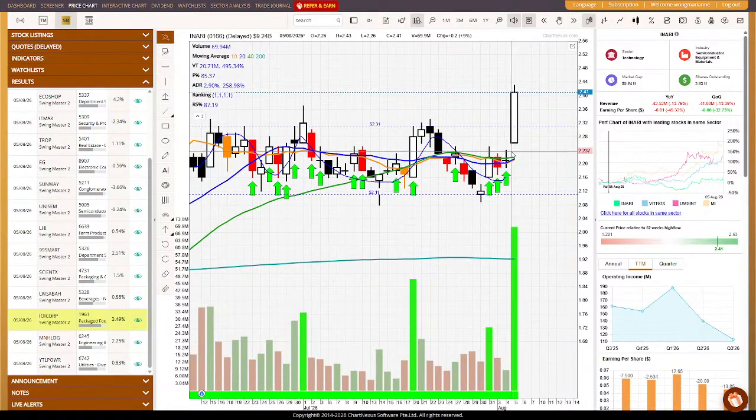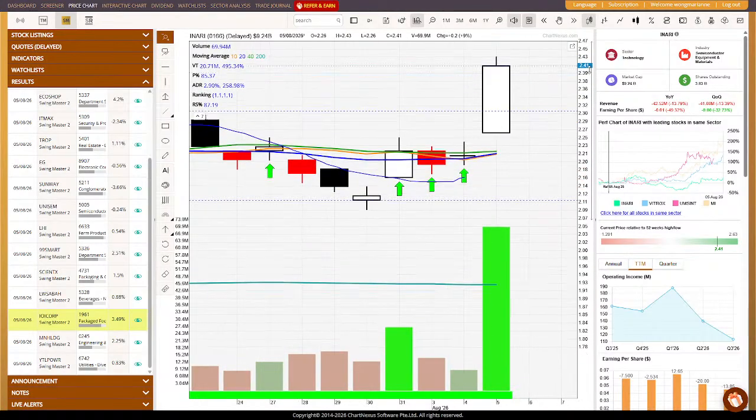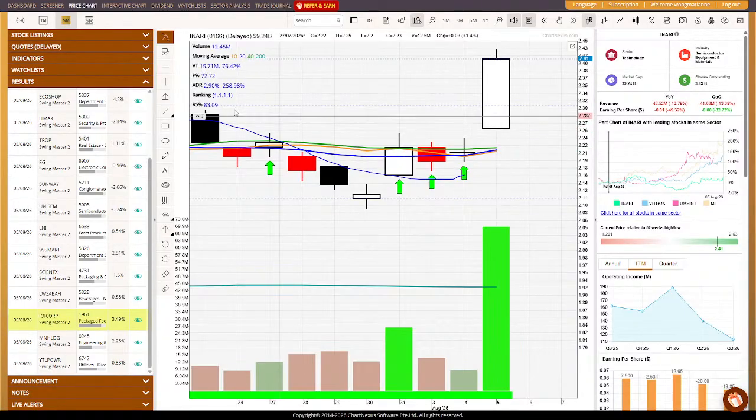Today, what happened is you see it is trading above the moving average here. It gapped up, there's a small gap, it opened higher, and then can you see the volume? 495%.